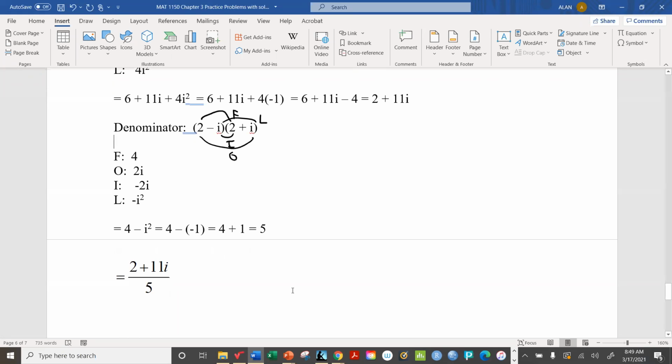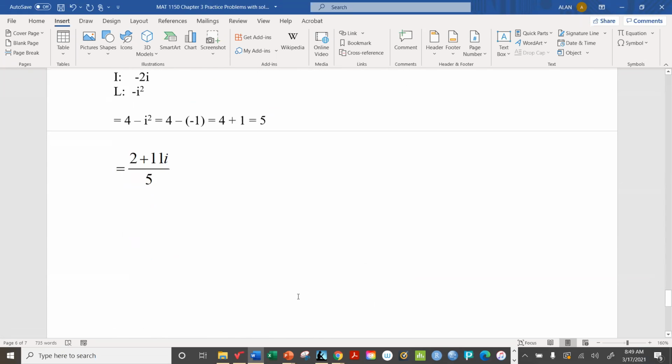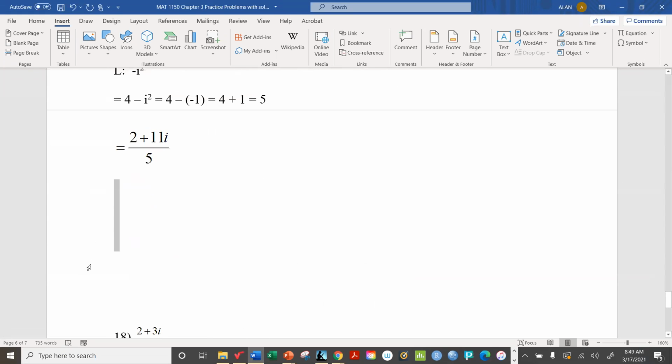So by now, I think we're getting pretty good at this. So number 18 is next. And so we're going to do the same thing. And let's see what happens here. Then the next two get even a little bit messier. All right, so here we again want to multiply by the ratio of the complex conjugates.